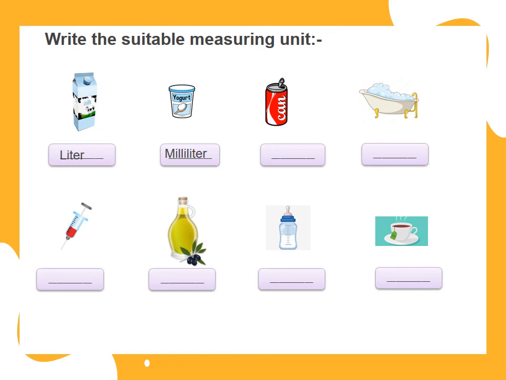Okay, a can, milliliter too. A pasta, liter. And injection, milliliter. A bottle of olive oil, liter. And a bottle of a baby, liter or milliliter? Milliliter, excellent. And here is a cup of tea. It's a milliliter too, excellent.